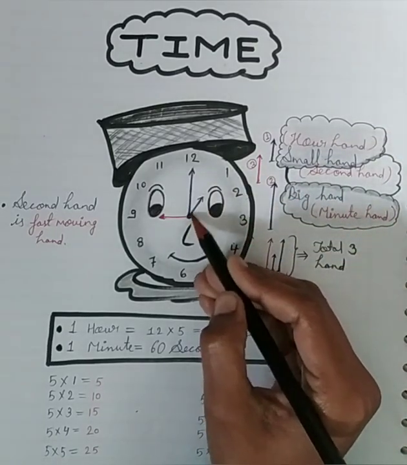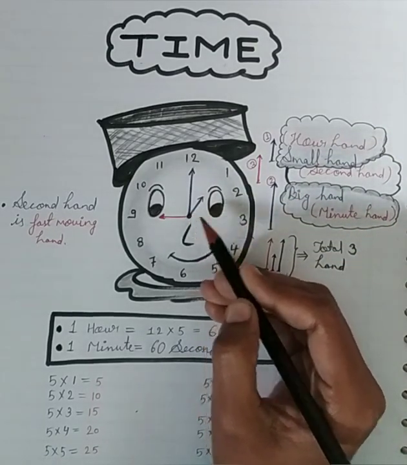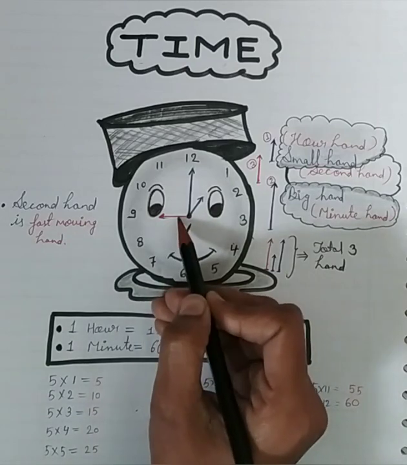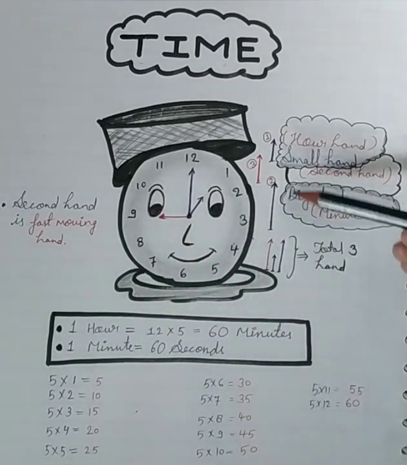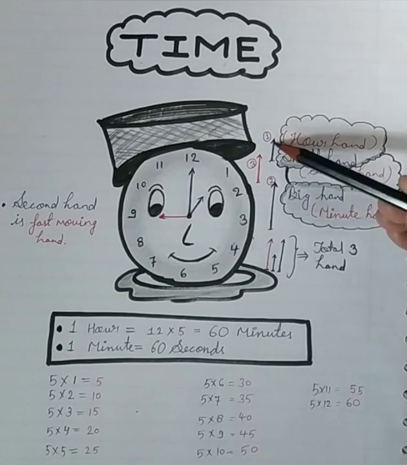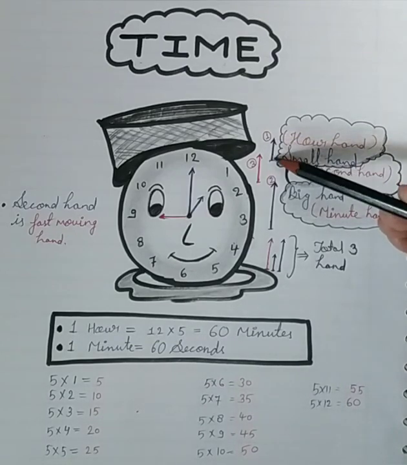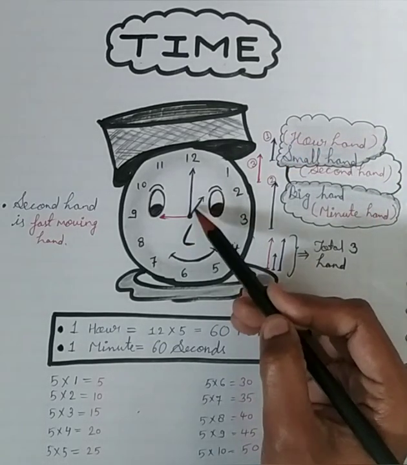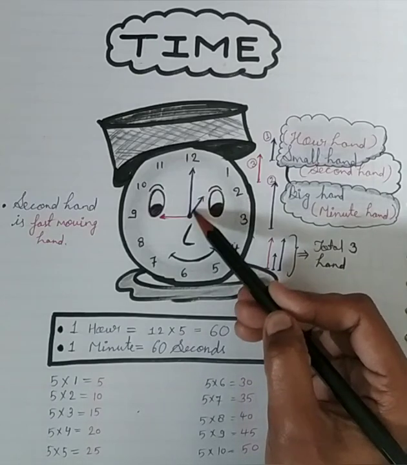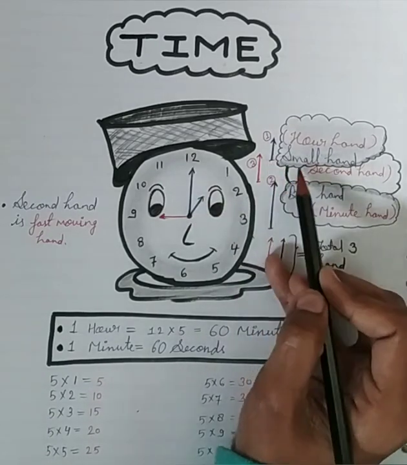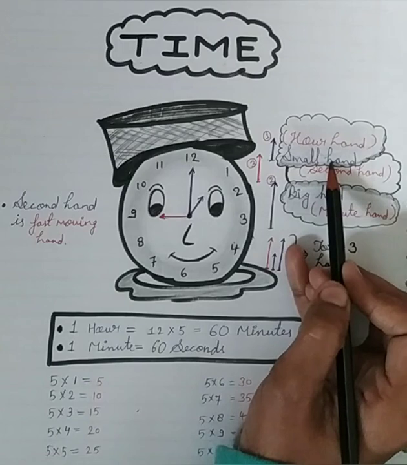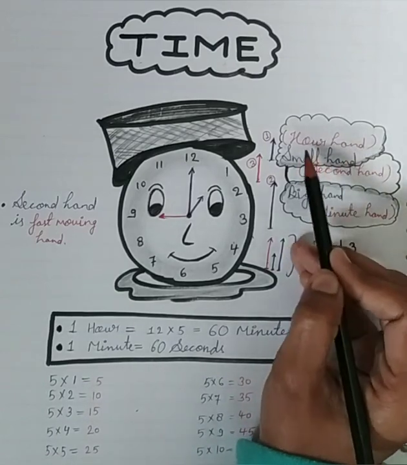This is a short or small hand, and this is one other hand. If we talk about the small hand, this one, I am talking about this one. So this is a small hand, also known as the hour hand.